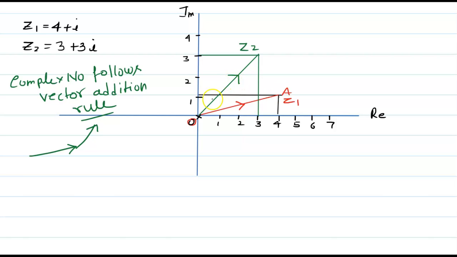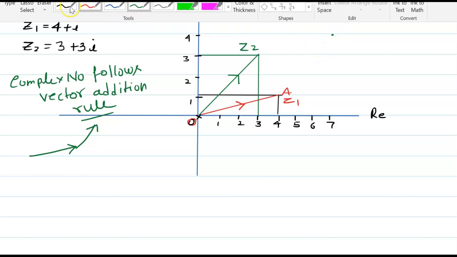Because this is a vector, we can draw another vector parallel to this vector. And our diagonal, if you add z1 and z2, 4 plus 3 becomes 7, so 7 plus 4i. So 7 is here and 4i will be there. It comes to this point, 7 and 4i. This will give you z1 plus z2.